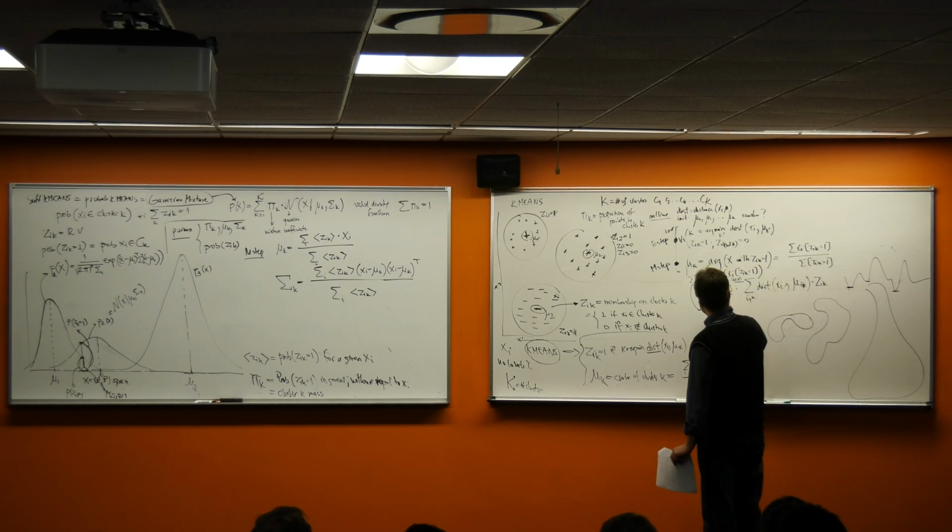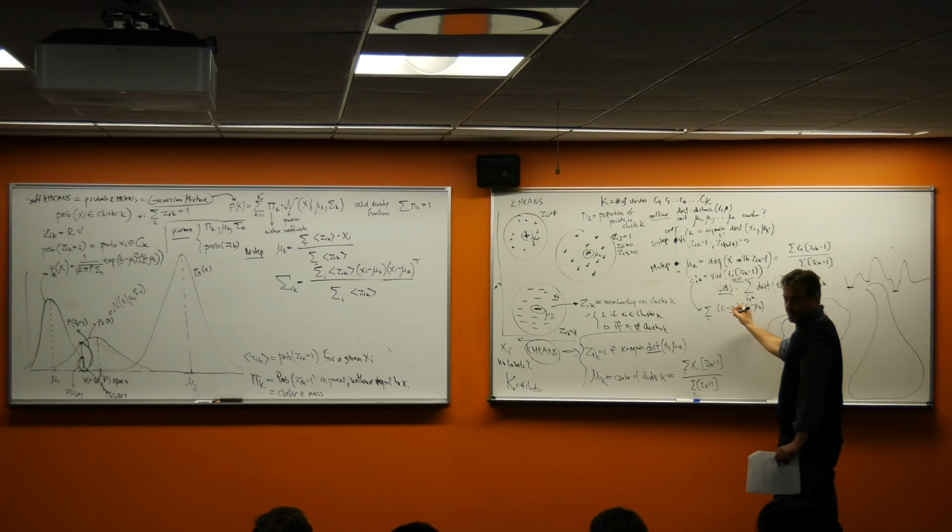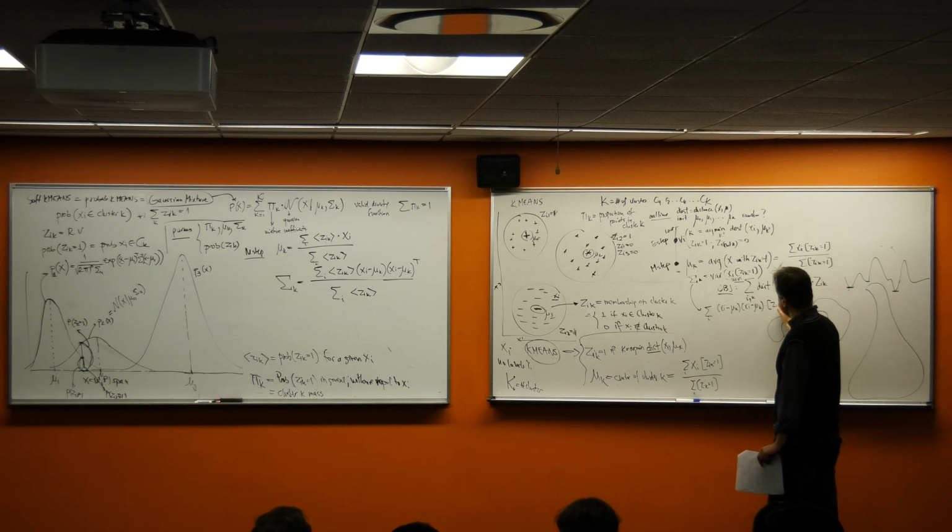So that I could write this as a sum over all data points, right? How do I write that? Xi minus their mean times xi minus their mean. But now I only want to do the points that are belonging to that cluster, not all of them. So I put the predicate zik equal 1, right?